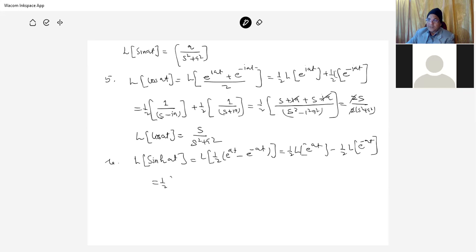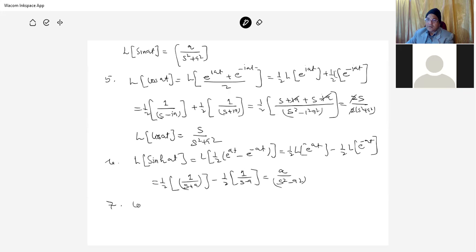So this is 1 by 2 times 1 upon s minus a, minus 1 by 2 times 1 upon s plus a, which gives a upon s square minus a square.